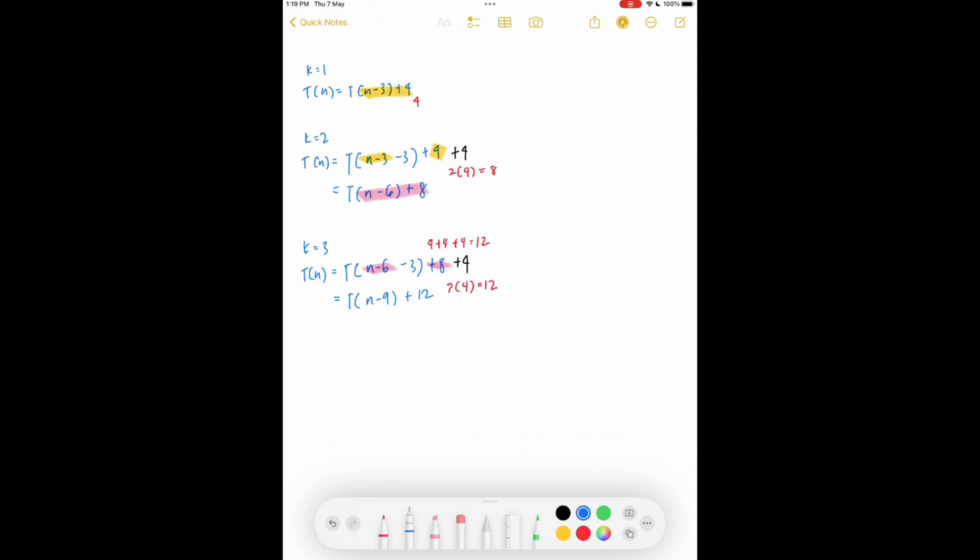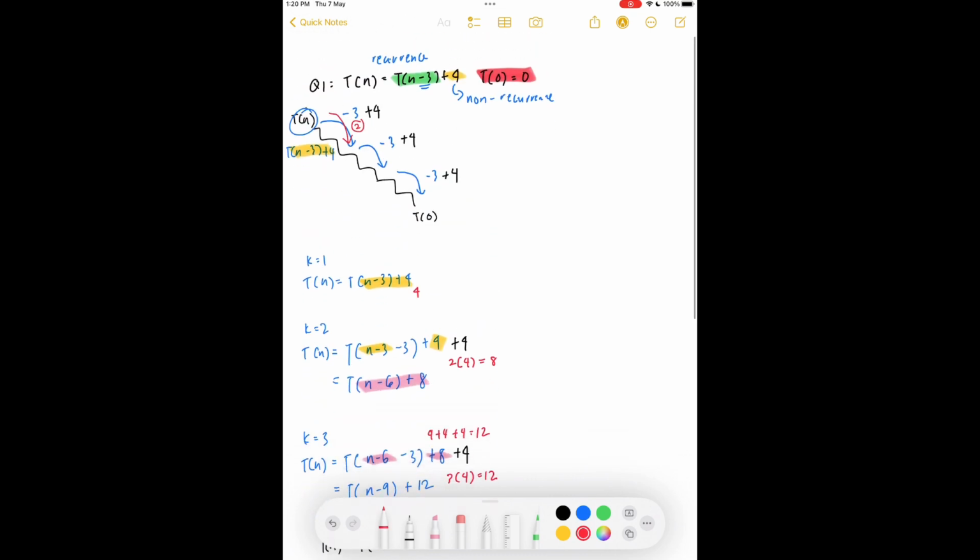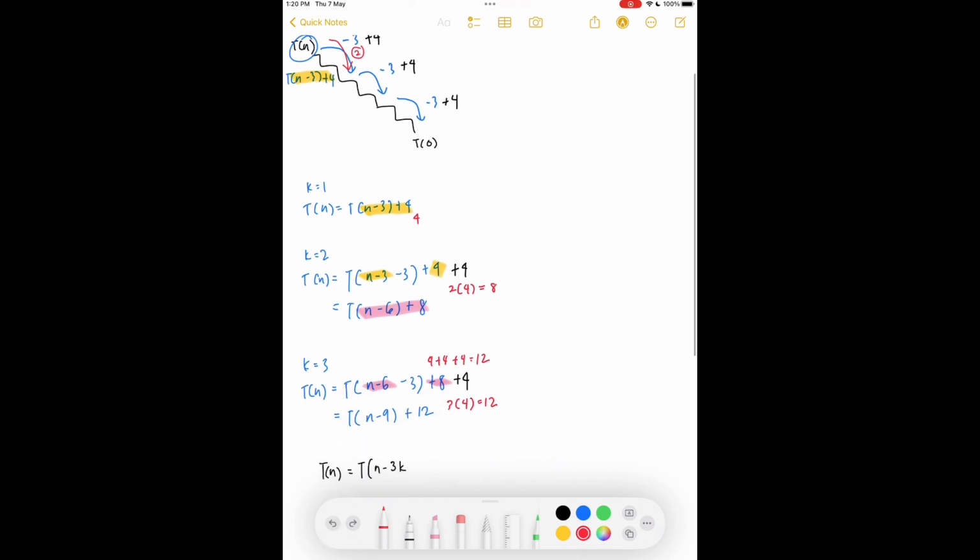So what's going to happen is, I'm going to put Tn equals Tn minus 3k. Why did I say 3k? Because remember I said we have to minus 3 for every single round, as in 1, 2, 3.